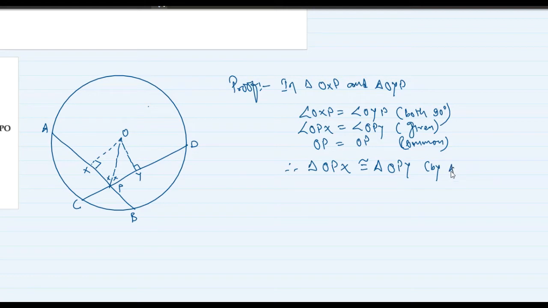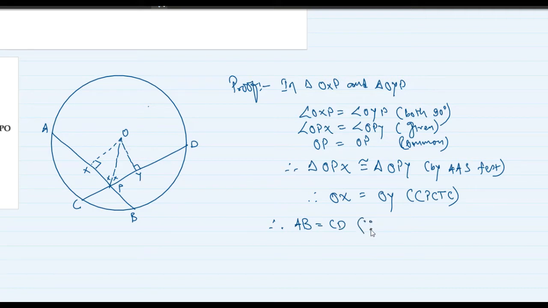by AAS test. So both the triangles are now congruent by AAS test, and therefore we can say that OX is equal to OY, CPCTC, and therefore we can say that AB is equal to CD.